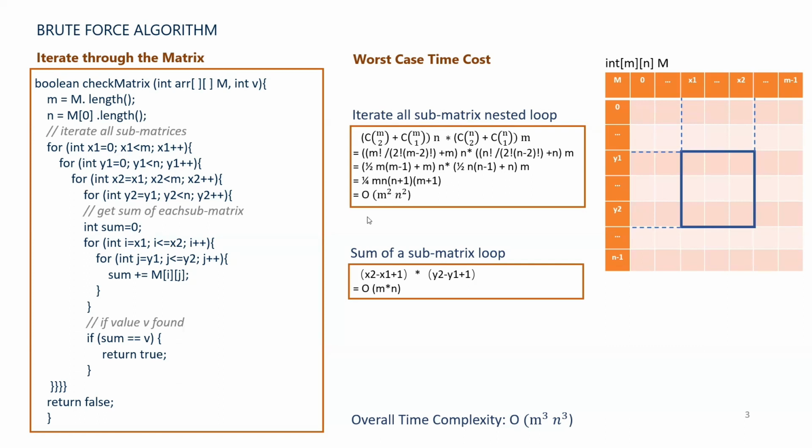Then I simplified it and got O(M squared N squared) for this loop. Then for each submatrix, (x2 minus x1 plus 1) times (y2 minus y1 plus 1), so I got O(MN). Multiplying these together, the overall time complexity of the brute force solution is O(M cubed N cubed).